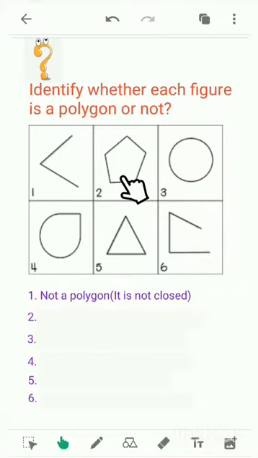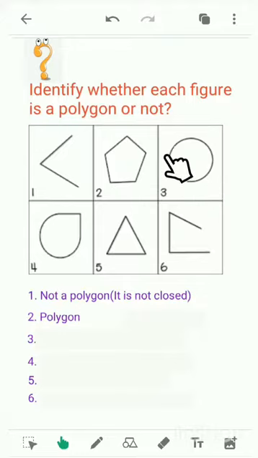The second figure is a closed figure made up of straight lines. Closed figures made up of straight lines are polygons. Now, the third figure is a closed figure, but it is not made up of straight lines.